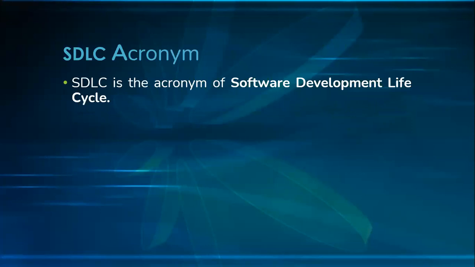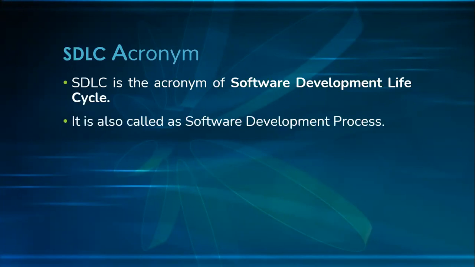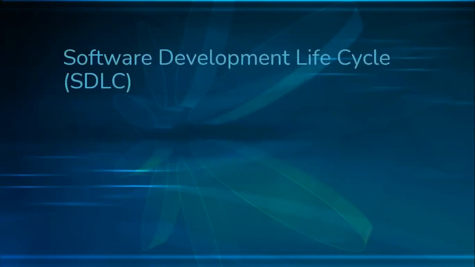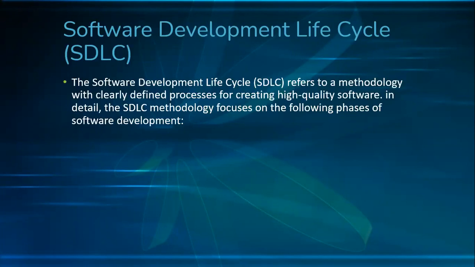That takes us to the common facts you need to know about SDLC. Software development life cycle is also called the software development process. It is a framework defining the tasks that software developers undertake. It is a methodology which clearly defines the process for creating high quality software in detail.